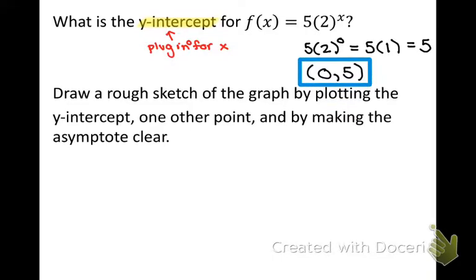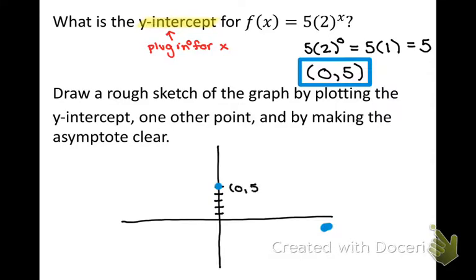Exponents first. Okay, so let's take that point and use it to draw a rough sketch of what this graph is going to look like. We know we have the point 0, 5. 1, 2, 3, 4, 5. There's my y-intercept. Think about this. Is this graph going to be increasing or decreasing?